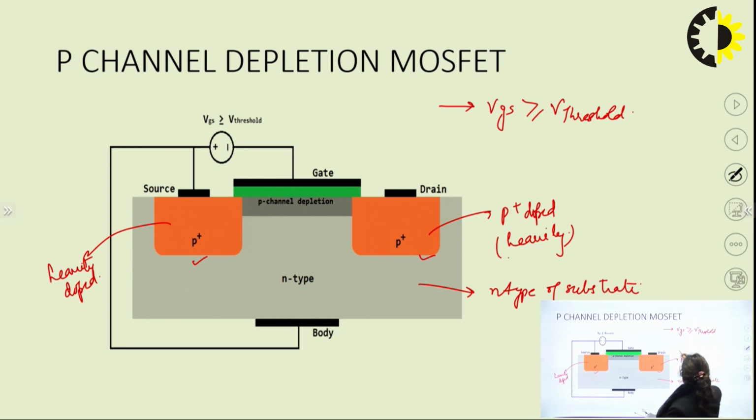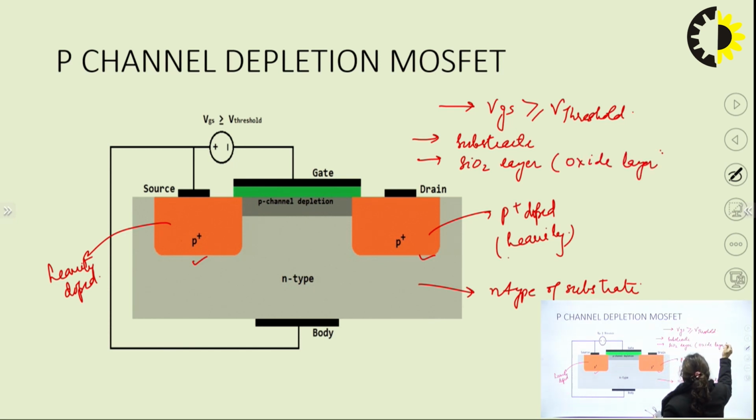As we know, we require three particular things for constructing a MOSFET. The first one is the substrate. Second is the SiO2 layer, which is the oxide layer, and the third one is the metal layer.